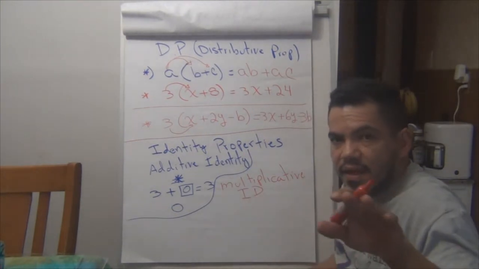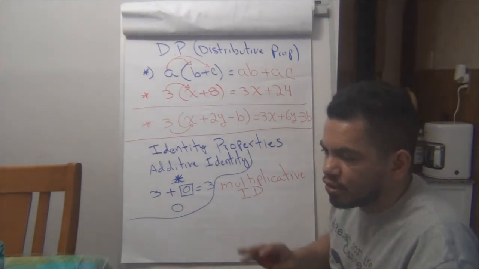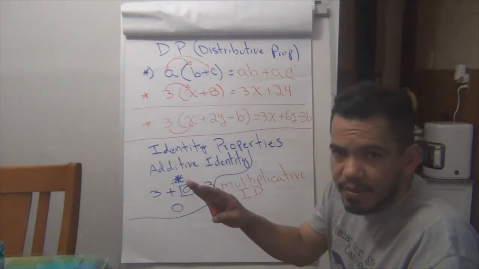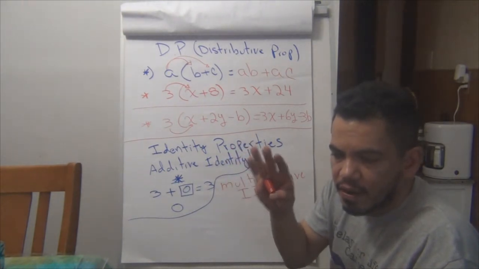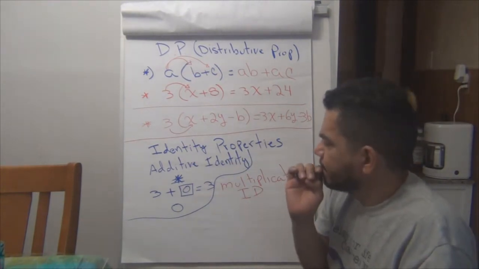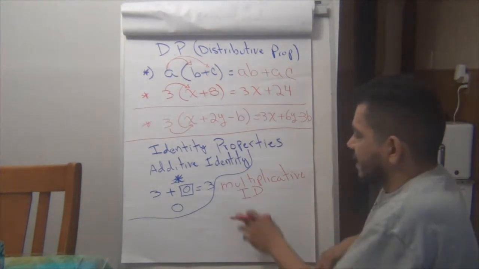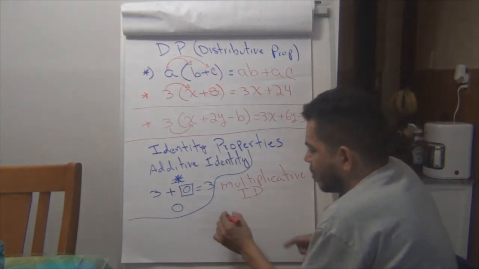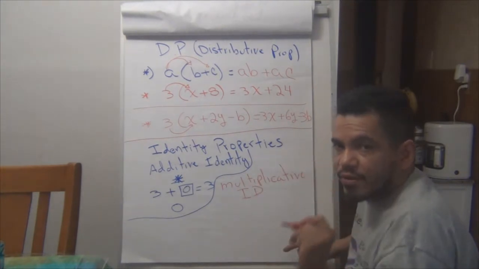That is that number that when multiplied by some other number gives you the original number. Maybe I'm saying it wrong. Maybe I should provide mathematical evidence for this. The multiplicative identity: when a number is multiplied by that identity, you get the original number.